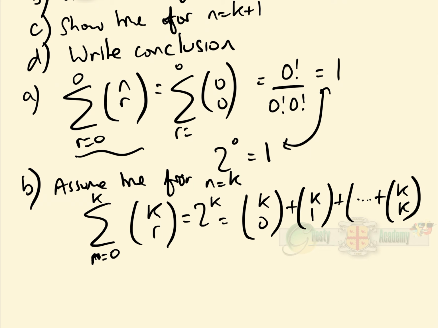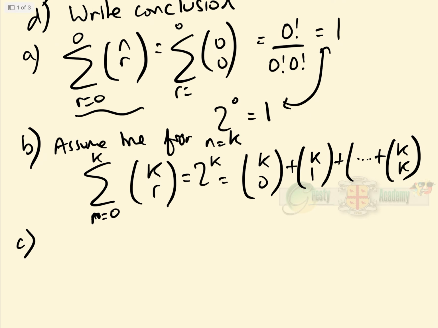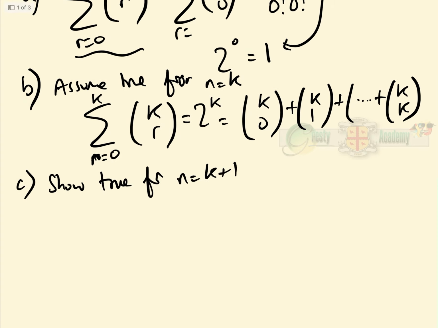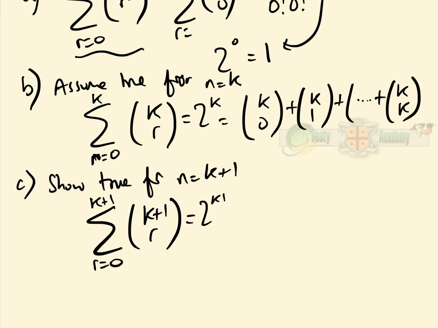So that's basically what we are assuming to be true. C, we need to show, therefore, that it's true for n equals k plus 1, i.e. we need to show that the sum from r equals 0 to k plus 1 of k plus 1 choose r equals 2 to the k plus 1.